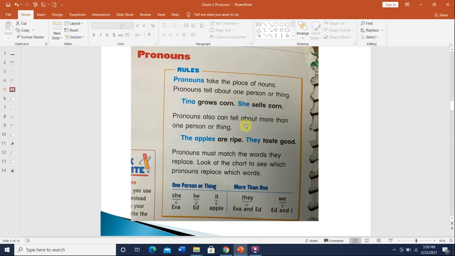If it's about more than one person or thing, for example, the apples are ripe, we replace the apples with they. If it's only one apple, we say the apple is ripe, it tastes good. But if it's plural, the apples are ripe, they taste good. All right.